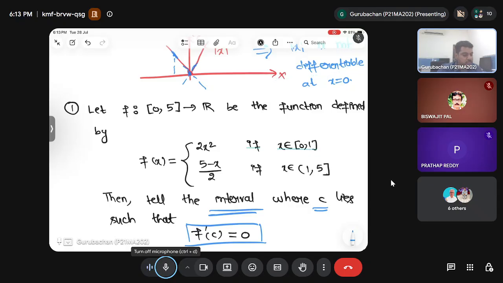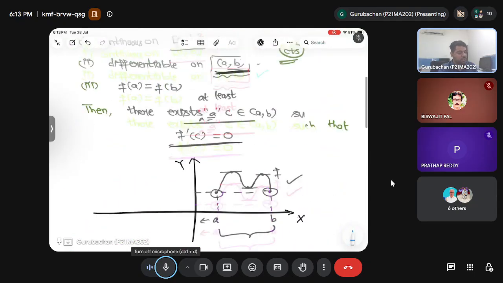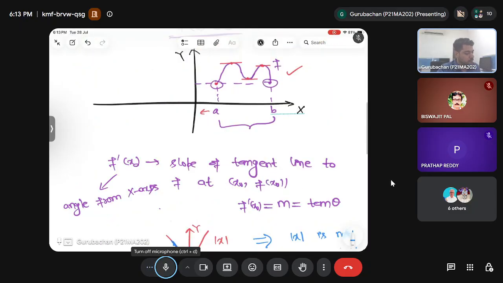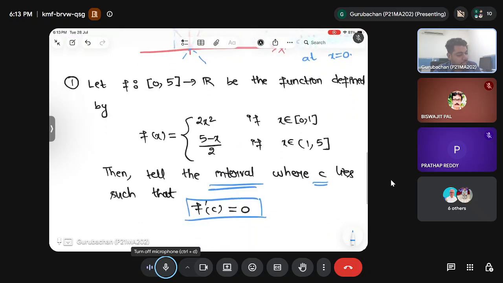Since we are aware of this statement, the first thing is we need to check continuity on the whole interval, differentiability, and our f of a must be equal to f of b. So here a is 0 and b is 5.